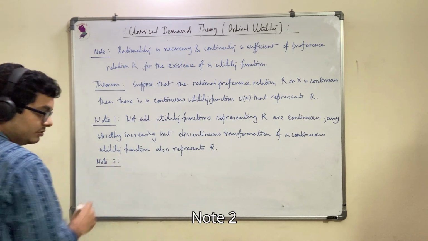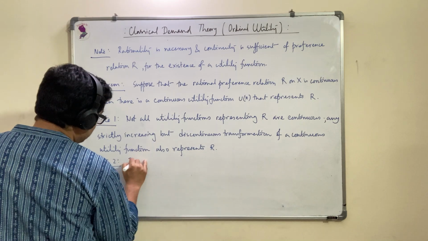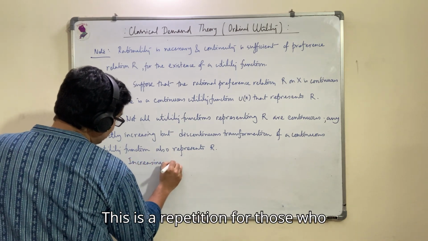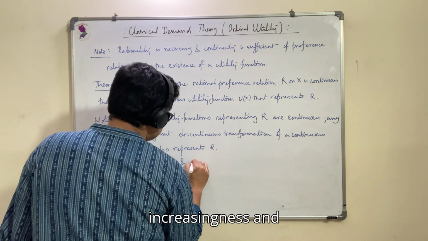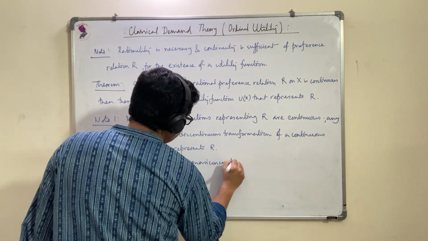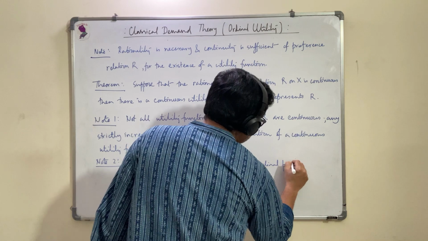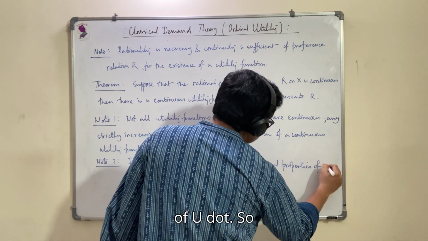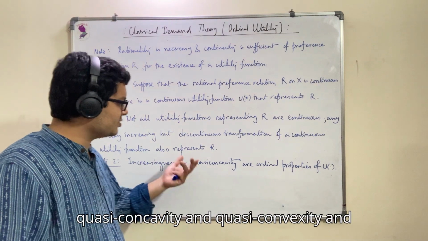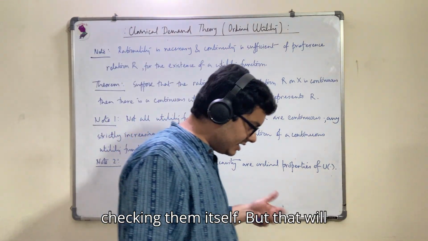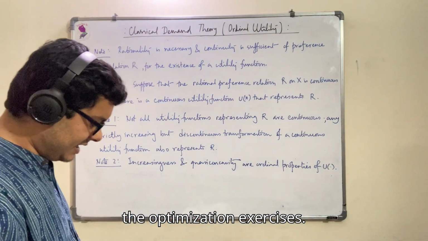Note 2. This is a repetition for those who have seen the class on cardinal utility theory: increasingness and quasi-concavity are ordinal properties of U. We are going to make a separate video later on quasi-concavity and quasi-convexity and checking them, but that will happen only after we have gone through the optimization exercises.